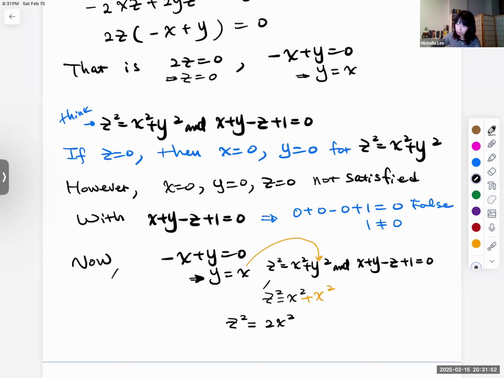So how about the other one: x plus x minus z plus 1 equal to 0. There will be 2x minus z plus 1 equal to 0, right?